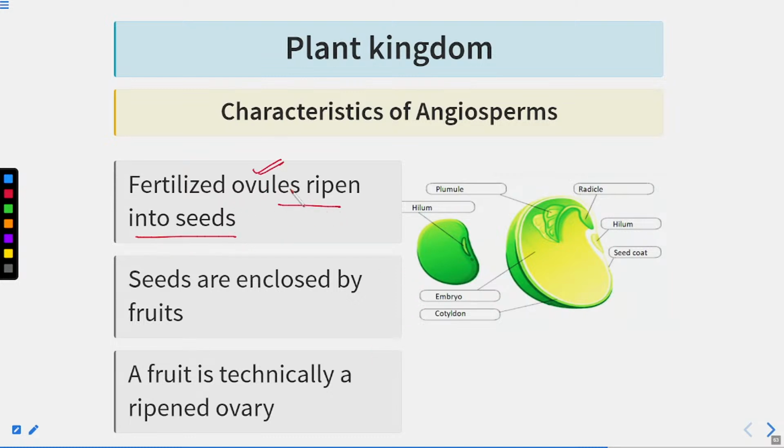When the ovule is fertilized, it changes to a seed, and seeds are enclosed by the fruit, and the fruit is technically a ripened ovary. So the ovary changes to fruit, and inside the fruit seeds are present.